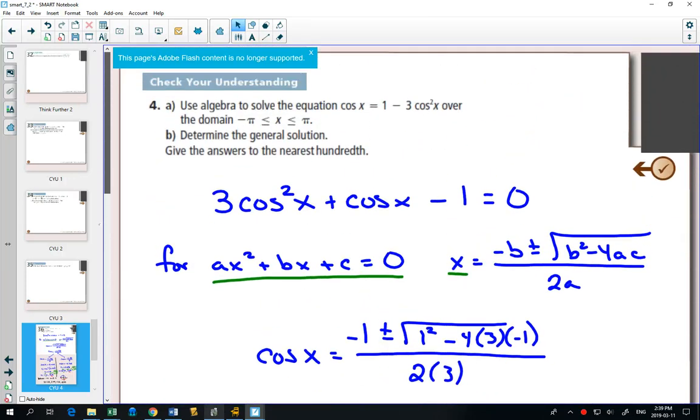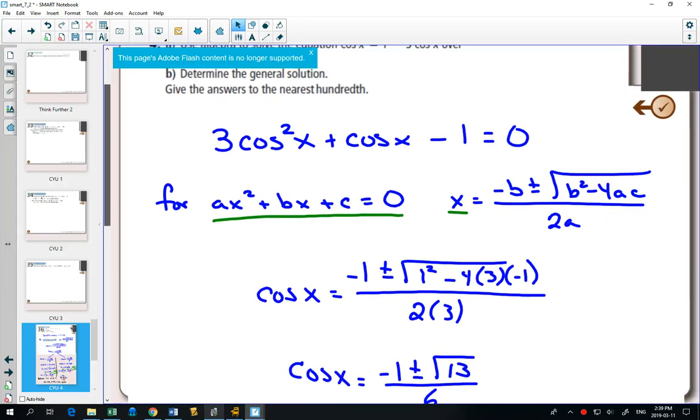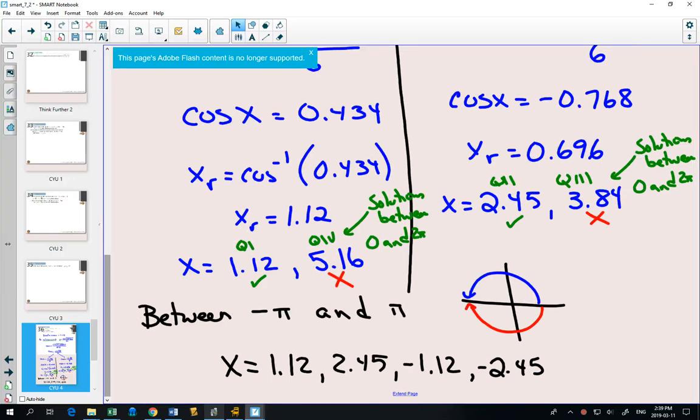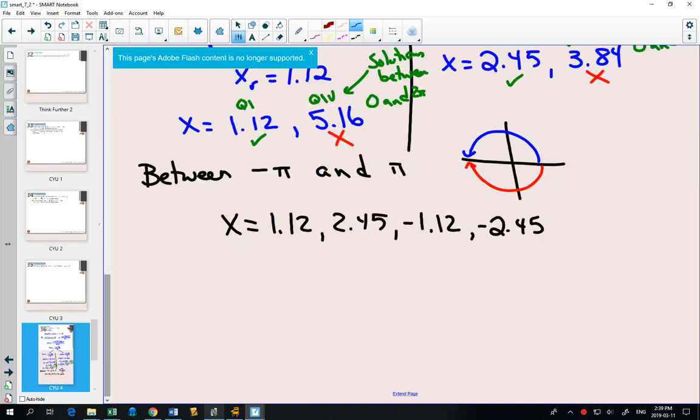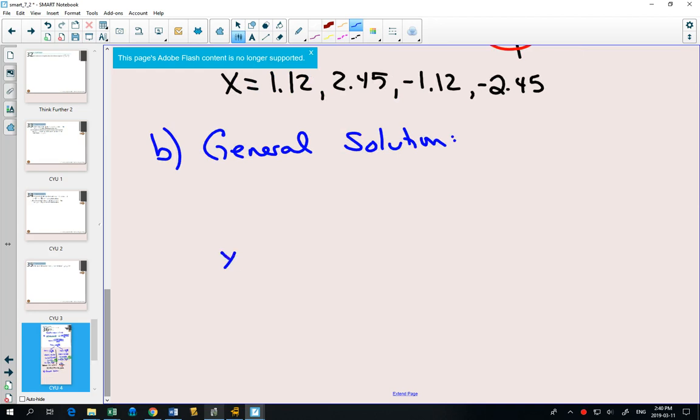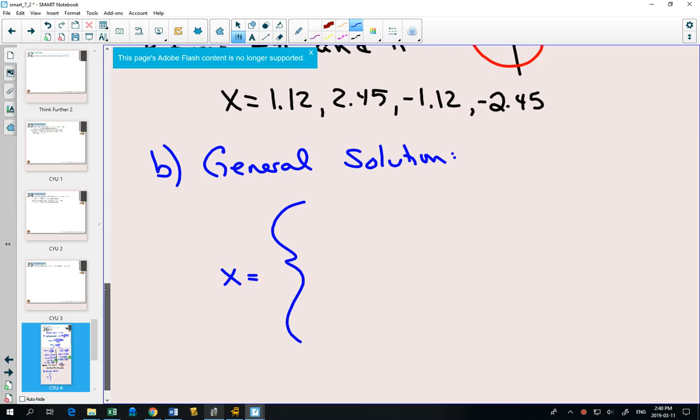Did we do everything? No, it also asks to determine the general solution, give the answers to the nearest hundredth. There we were lucky. I rounded to the nearest hundredth right at the beginning before I read that, so I just got lucky in that situation. Okay? But the general solution for part B, well, the general solution to solve, and we're solving for x, x equals, find all your solutions between 0 and 2 pi.